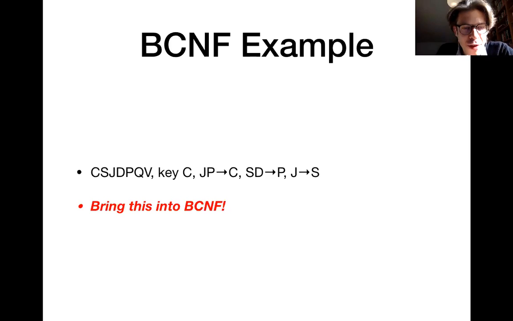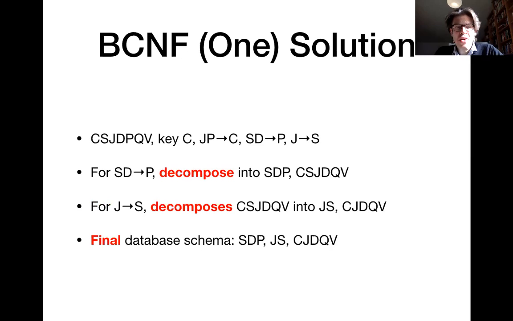All right, let's have a look at the solution here. So we have given this schema and we have given constraints. First of all, looking at those functional dependencies that are immediately given, you already see that some of them violate the Boyce-Codd normal form constraints.